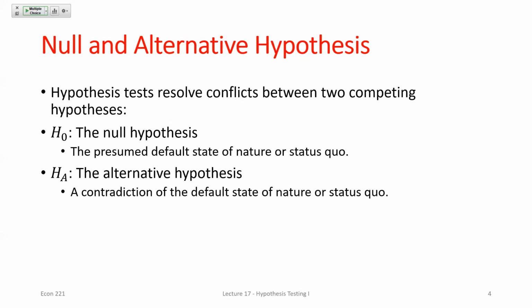Sometimes you'll see this as H subscript 1, but I always use A because I think it's easier to connect, and it makes more sense for the alternative hypothesis. I already showed you what they'll look like once we write them out. We make some assumption about the population mean or the population proportion, and then have the complement of that be the alternative.